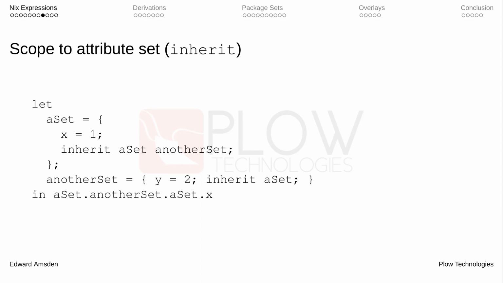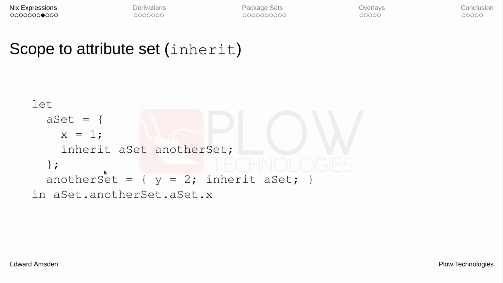So I got asked about inherit, which sounds object oriented, but isn't really. Inherit is just: take these names from the current scope and stick them in the attribute set. So this is the same thing as before, except I left out the name attribute.